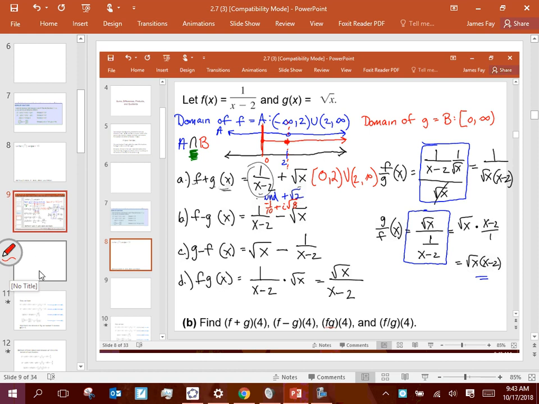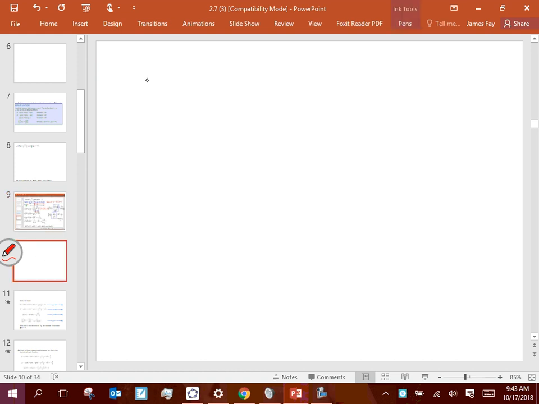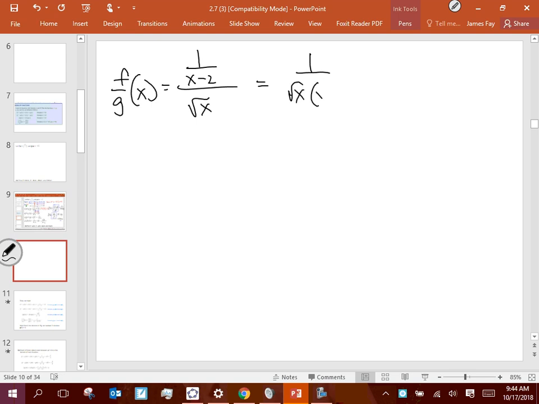All right, so I want f divided by g. I want to rewrite that one, f divided by g. And so f was 1 over x minus 2, right? g was root x. We simplified that as 1 over root x times x minus 2, right? Okay?